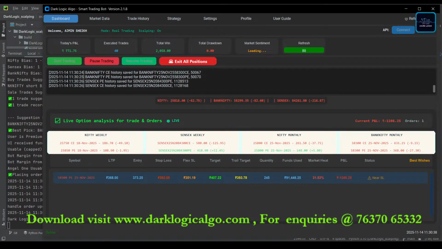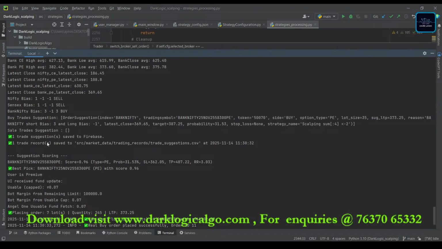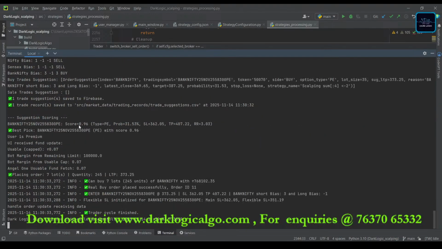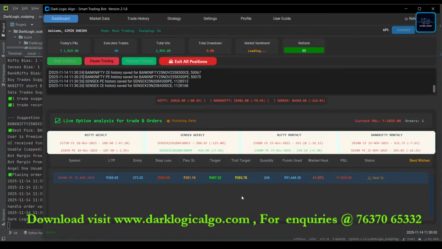So whenever there is any good trade, you can see the trade session. It will automatically generate a session based on the probability, and the order will be automatically placed, and this order will go to your Angel One broker account.